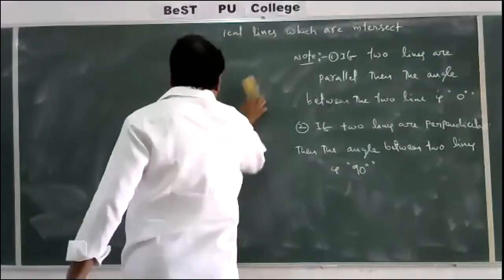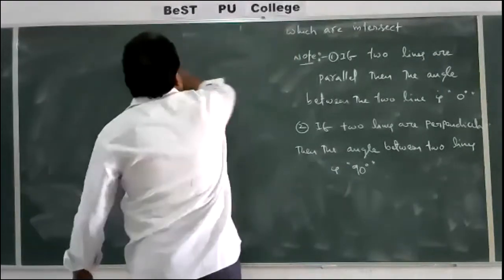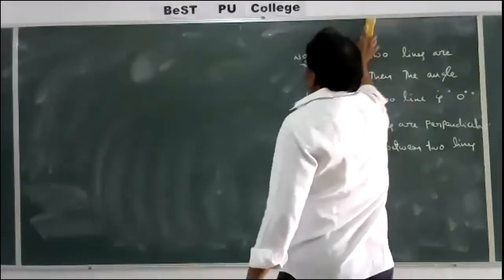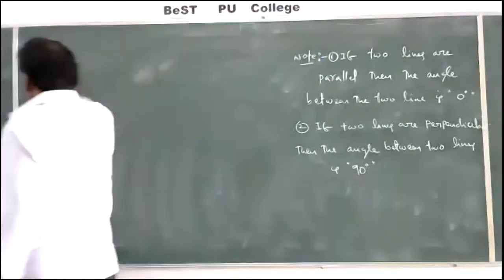So that is the angle between any two intersecting lines.